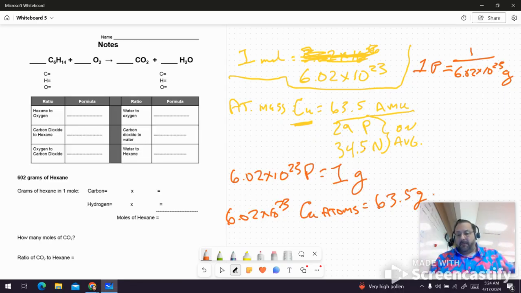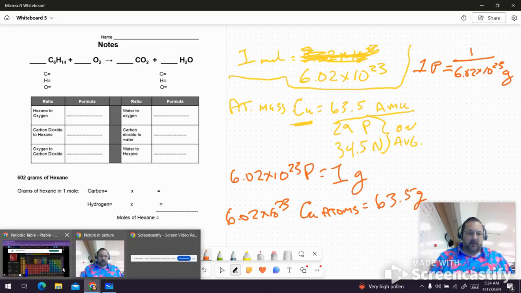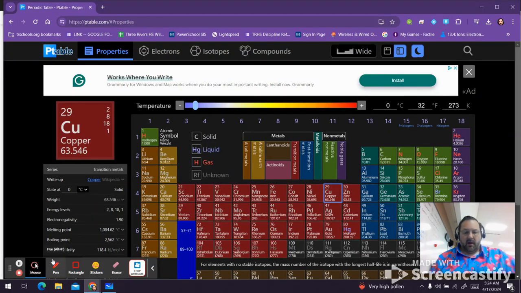So in essence, we did the math and figured out that these numbers on your periodic table aren't just the atomic mass units. They're also the number of grams that 6.02 times 10 to the 23rd atoms of any of these elements would weigh. Okay?